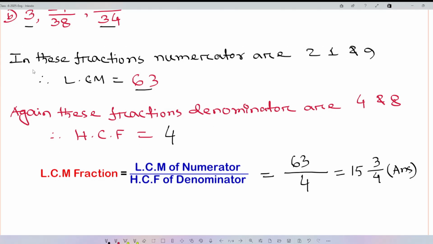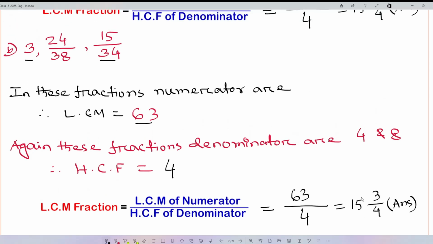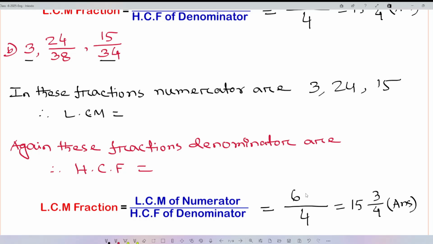Now look, everything will be unchanged. Like in this fraction, numerators were 21 and 9 last time, but here we should write 3, 24 and 15, and we should find the answer. 3, 24 and 15.